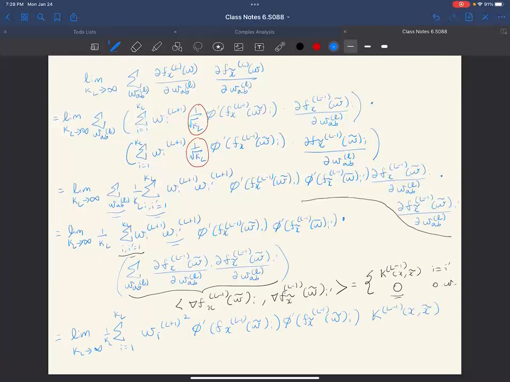And now we're really in business because we already have this recursive part here, and we already know what this sum is going to be.